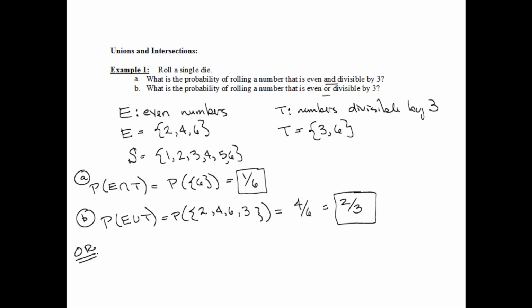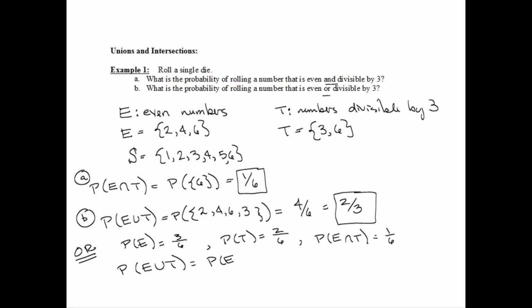Okay, here's another approach. So the probability of E is 3/6. The probability of T is 2/6. You could reduce these, but I've left them because it's easier to combine fractions if they already have common denominators. Okay, the probability of the intersection we already decided was 1/6. And so now if we look, the probability of E union T is equal to the probability of E plus the probability of T minus the probability of the intersection.